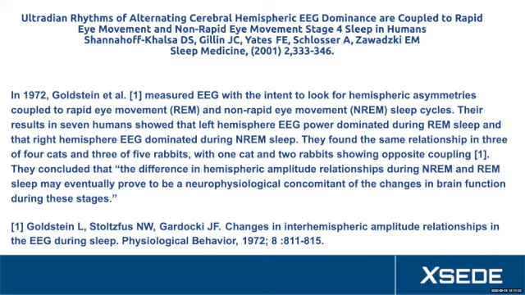They concluded that the difference in hemispheric amplitude relationships during non-REM and REM sleep may eventually prove to be a neurophysiological concomitant of the changes in brain function during sleep stages. So that was published in 1972 in Physiological Behavior. You can see the reference below. Next slide, please.